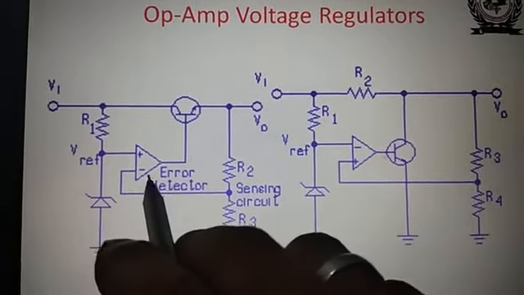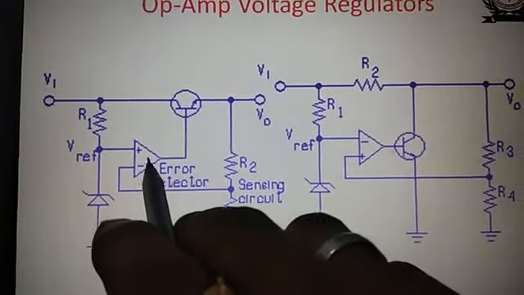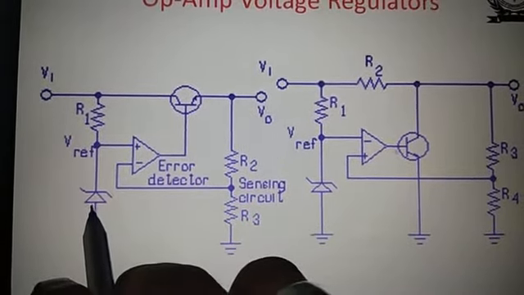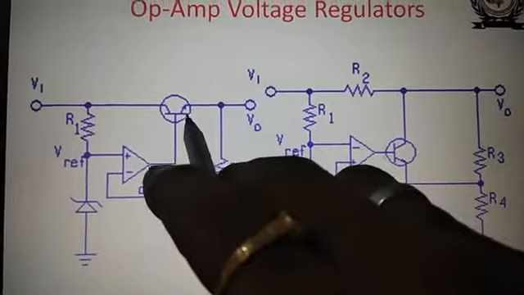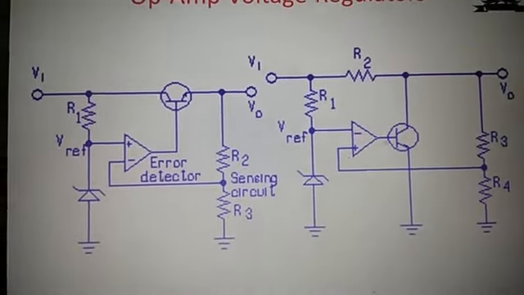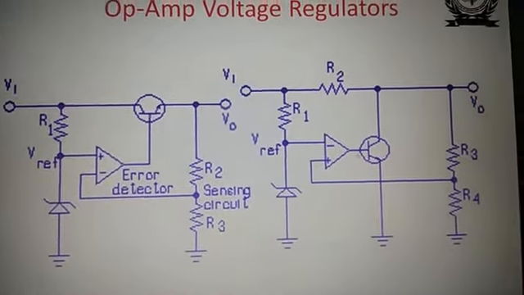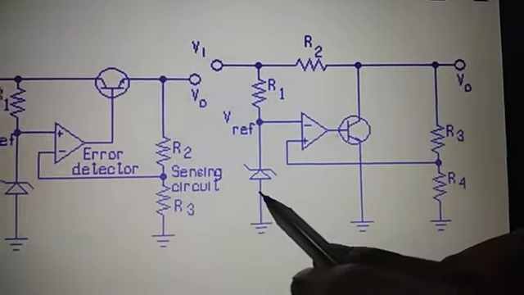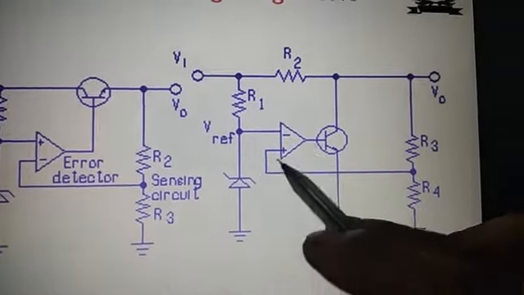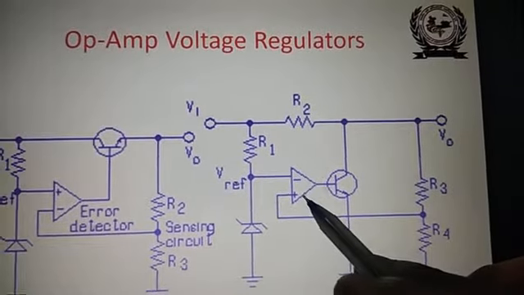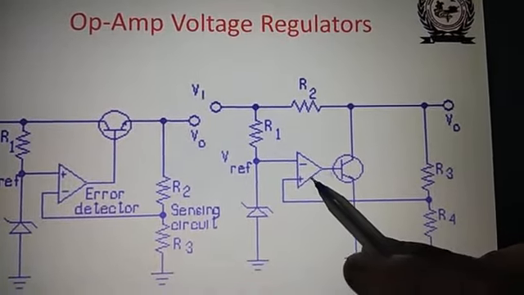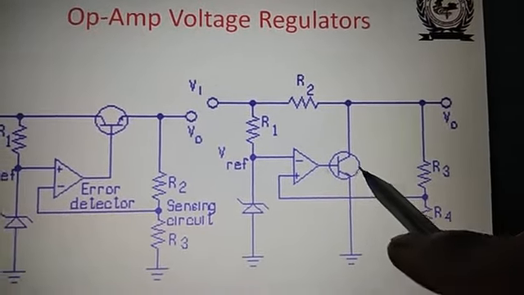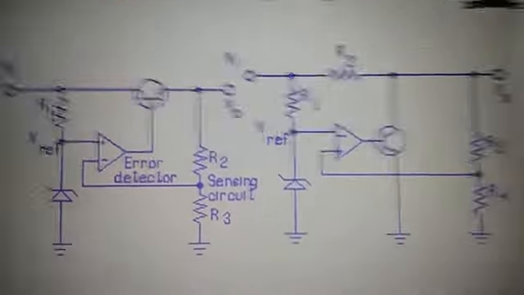So this operational amplifier is used as an error amplifier. This Zener diode is used as a reference voltage, and this transistor is used as a series controller. While here, this is the reference voltage Zener diode, operational amplifier as a comparator, that is error amplifier, error detector, and this is the shunt control element, transistor.